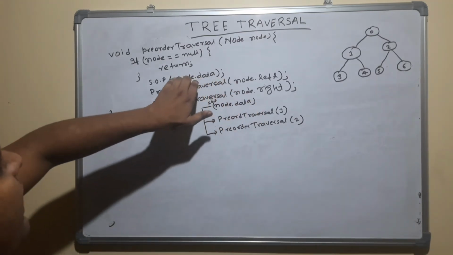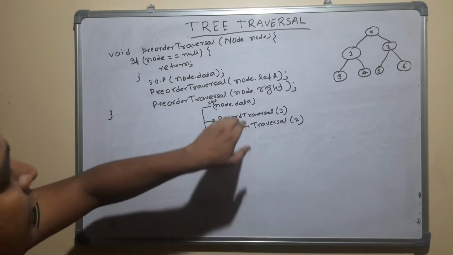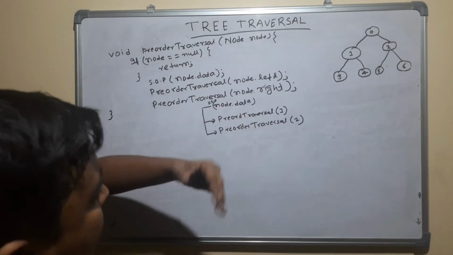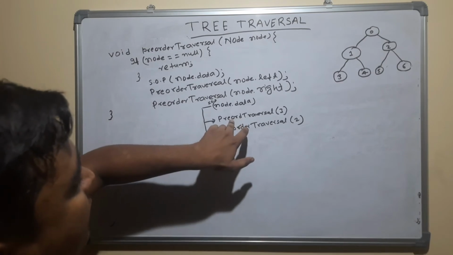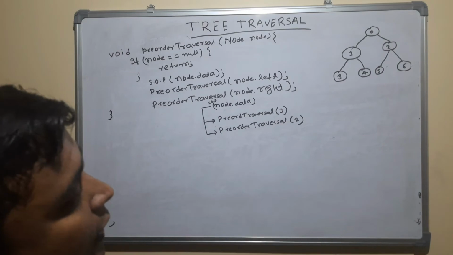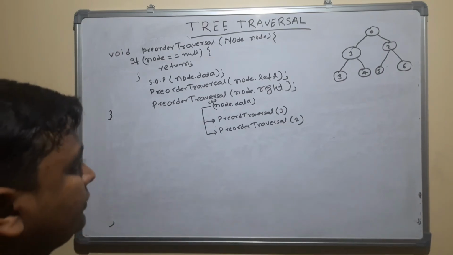First it will print node dot data, then the function calls itself. Again the function will call the left subtree, that is 1, and then again it will call the right subtree, that is 2.